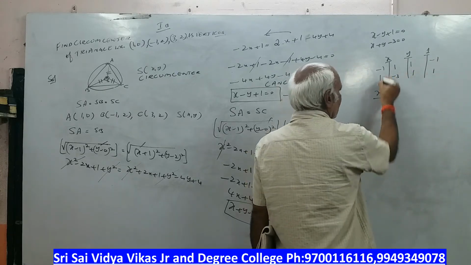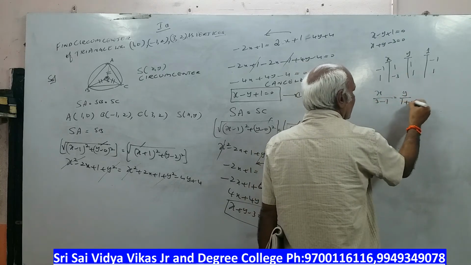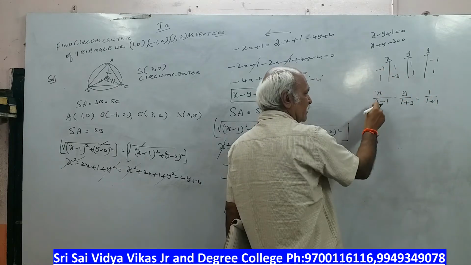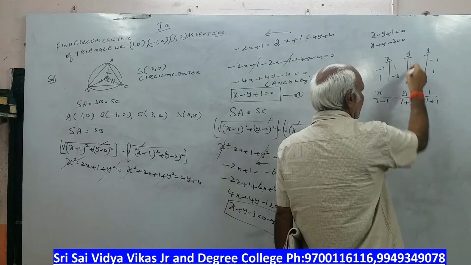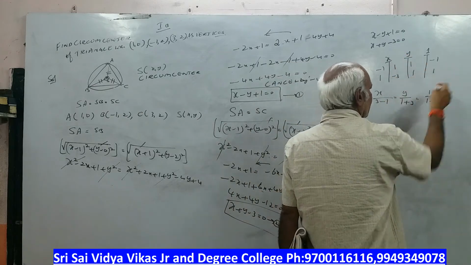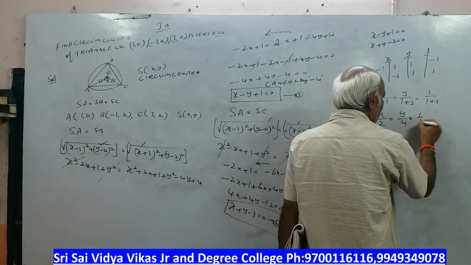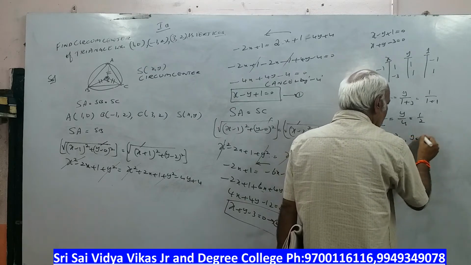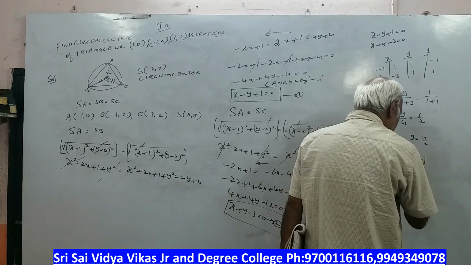So x by (3 minus 1), y by (1 plus 3), is equal to 1 by (1 plus 1). Minus 1 into minus 3 is 3, 1 into 1 is 1, and minus of minus is plus. So it is equal to 1 by 2. So x is equal to 2 by 2, y is equal to 4 by 2. So x is equal to 1, y is equal to 2.